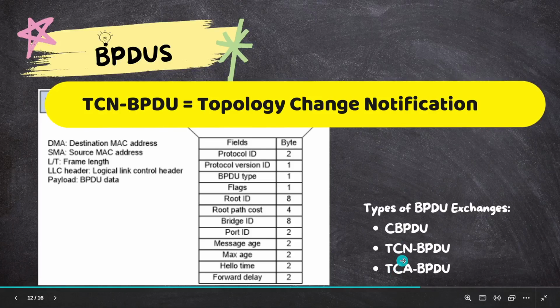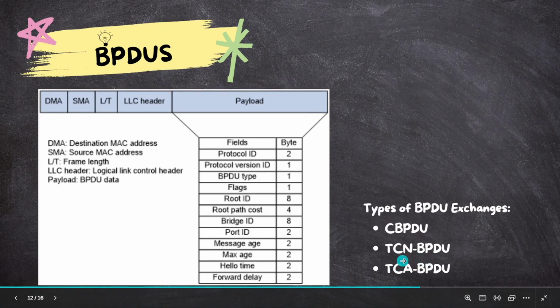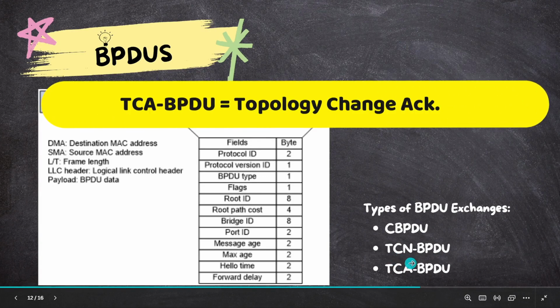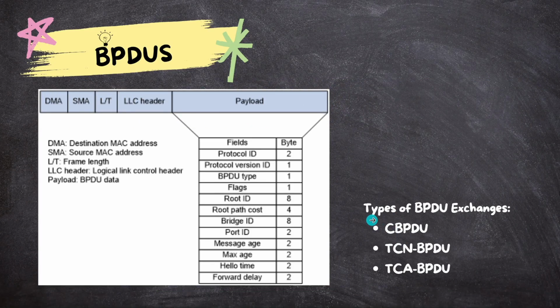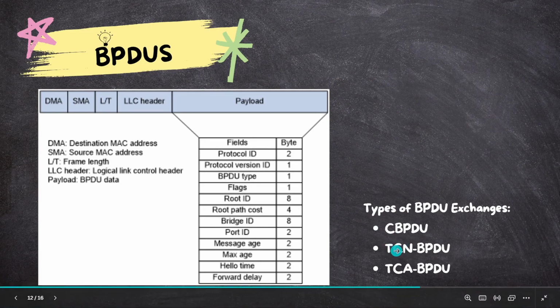The last one is the TCA BPDU, the topology change acknowledgement BPDU. As the name suggests, topology change notification BPDUs are exchanged when there is a change in the topology, and topology change acknowledgement BPDUs are exchanged whenever a TCN is exchanged, to acknowledge those packets.